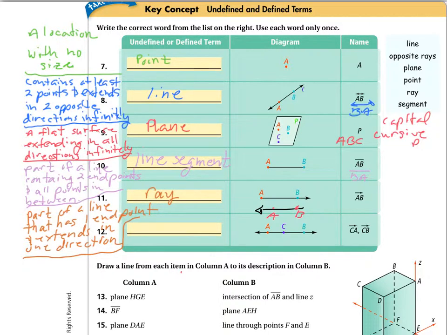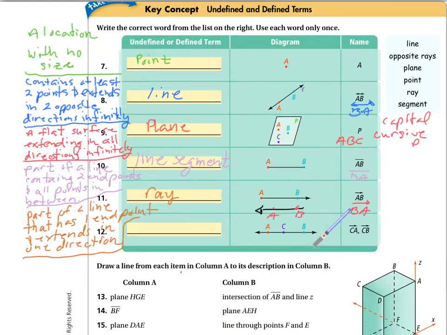This ray would have been labeled, what's the starting point for this ray I just drew? Point A or point B? B. So we'd have to start our notation at B. It goes through A, but notice that I still put an arrow on the right-hand side of that notation. So the arrow notation above here does not necessarily go in the direction of the ray.